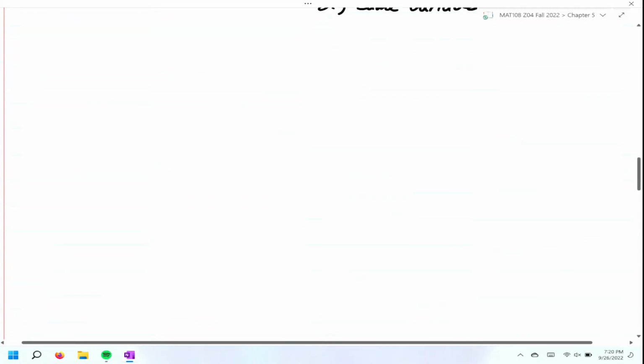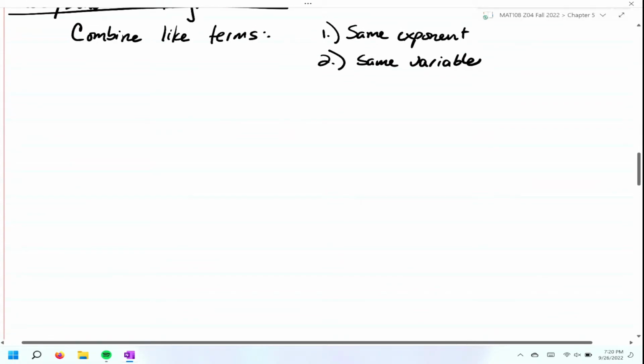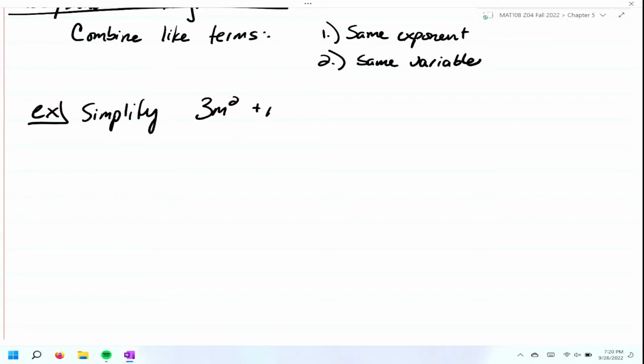So let's do this one right here. How about we'll use the word simplify. 3m to the second plus n to the second minus 7m to the second. Okay? Now, the one thing you can do is apply the commutative property.